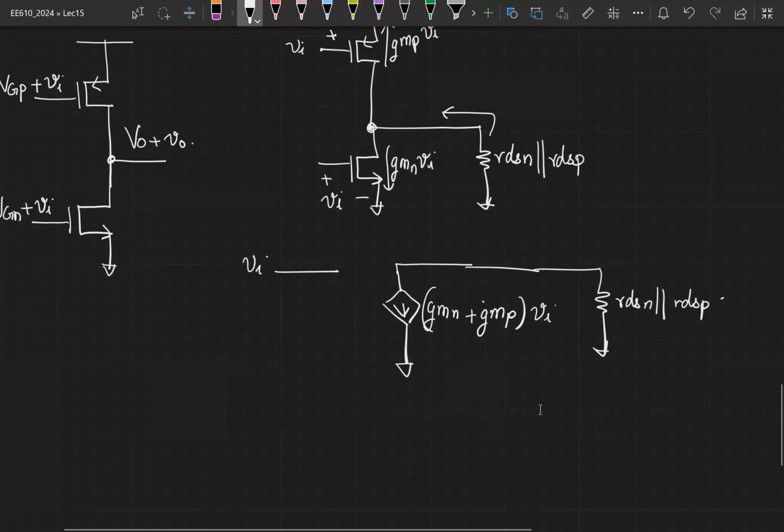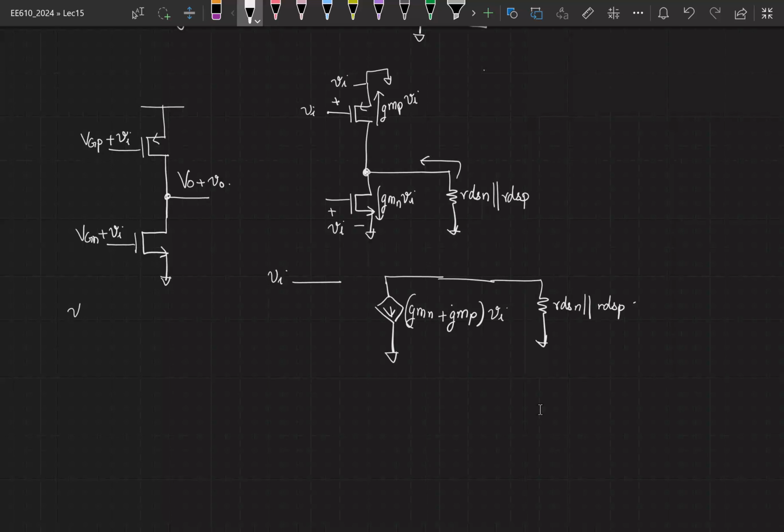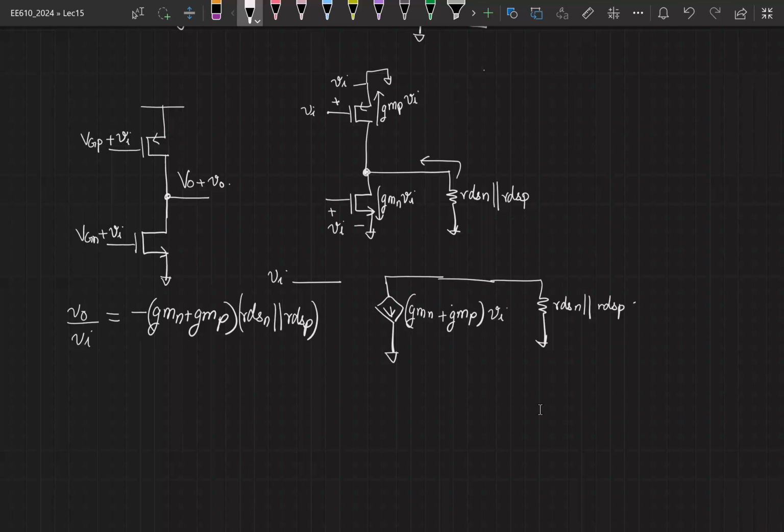Okay. So what is the gain? This is minus GMN plus GMP times RDSN parallel RDSP. Okay. So this is again another variant of the common source amplifier, just that you are applying the input to two transistors.